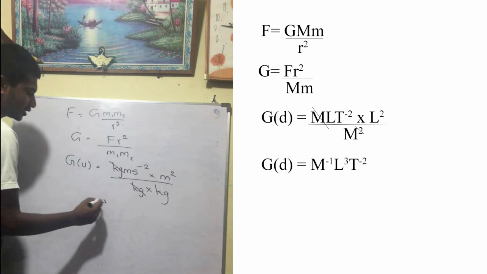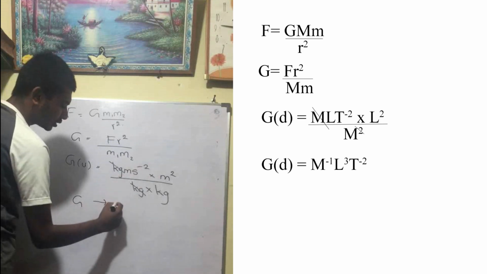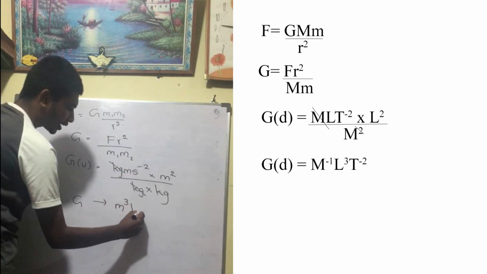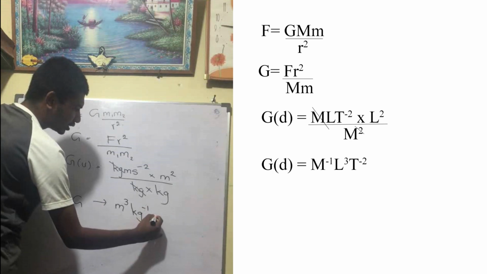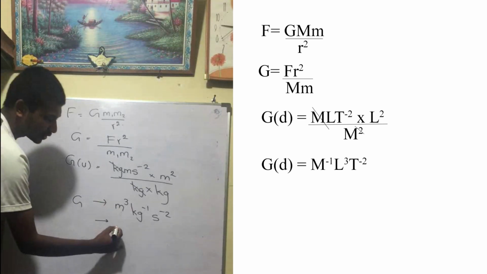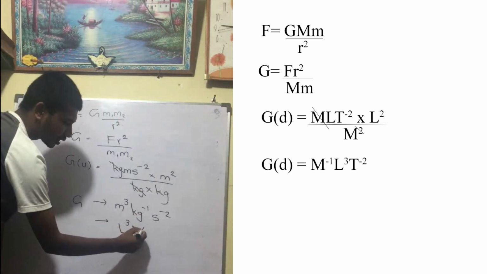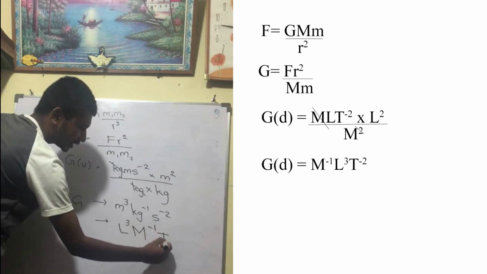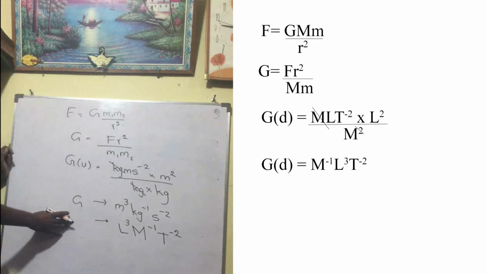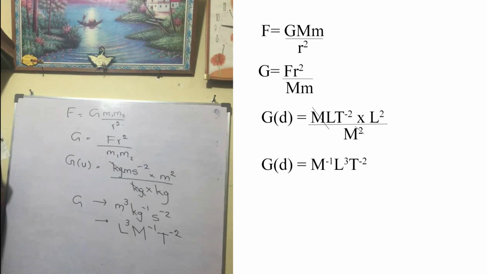So the unit for gravitational constant G will be meter cubed kilogram minus 1 second minus 2, right? Writing this in dimensions, the dimension for meter, the length, is L cubed, kilogram, the mass, is M minus 1, and s is T, time, minus 2. So the dimension for gravitational constant G will be L cubed M minus 1 T minus 2. So the answer is the 4th.